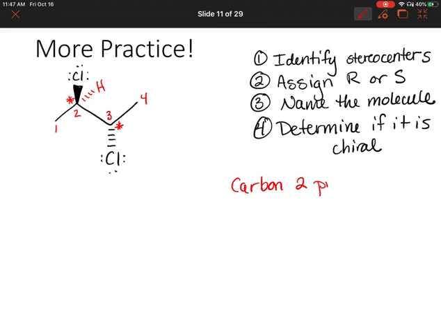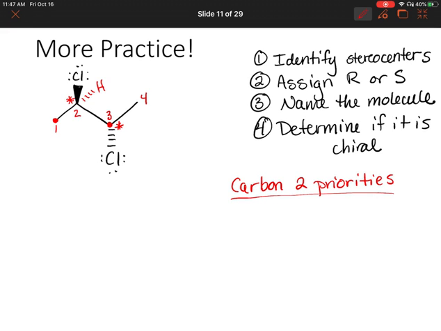We're going to figure out the priorities of each of the atoms that it's bonded to. Okay, so carbon 2 is bonded to chlorine up above, hydrogen in the back. It's bonded to this carbon over here and this carbon to the left. So which atom is the heaviest?